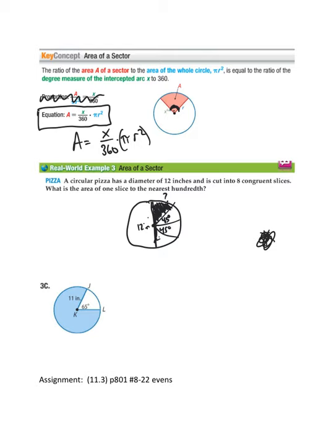Each slice is cut at a 45 degree angle. So the area of that sector, one piece, would be 45 degrees divided by 360 times pi times r squared. We were given the diameter is 12, so r is 6, so 6 squared.